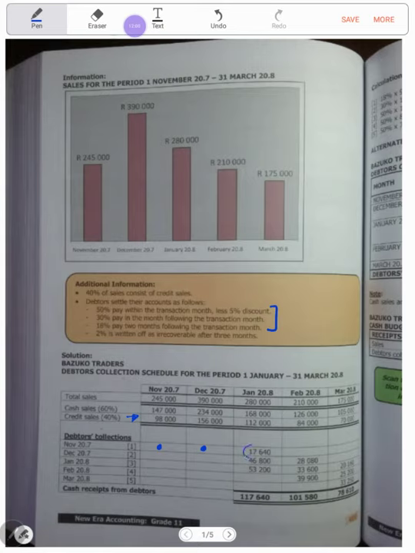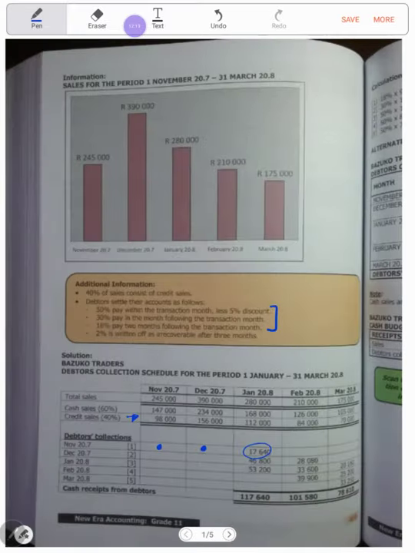So how did I get this over here? I literally took the 98,000 and I multiplied it by the 18%. Why am I working this out? Because it does fall 2 months later. From November is January, and January is the budget period that I need to work out. All right, so we're going to work that out.